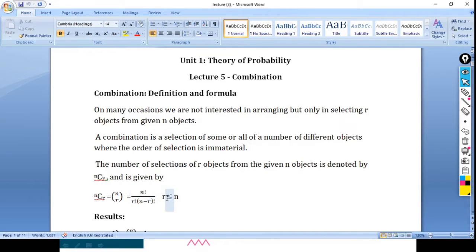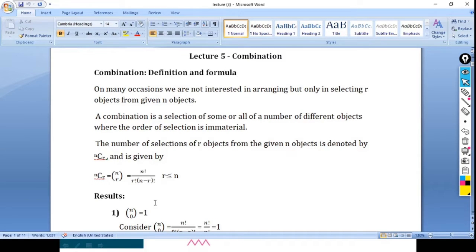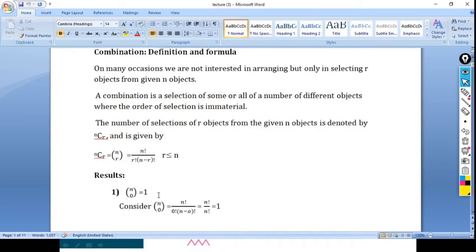Obviously r is less than or equal to n, and r is greater than 0, or it can be equal to 0 also. Now let us see some results related to this combination.